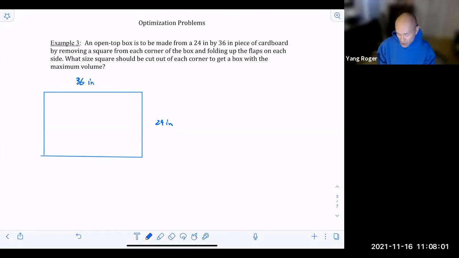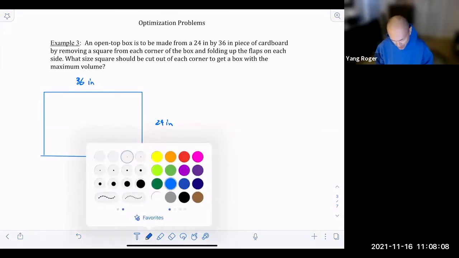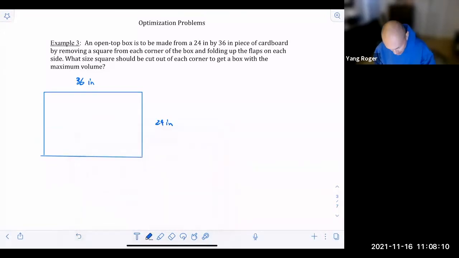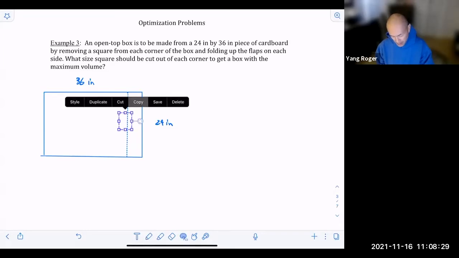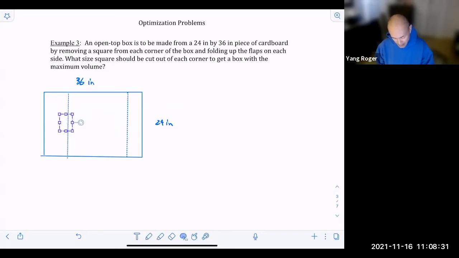Okay, and they're going to remove a square from each corner of the box. So I'm going to take my pen, switch to a dotted line, and attempt to draw a dotted line like this. There we go. And then I'm going to copy that one and put the other one on this side here.